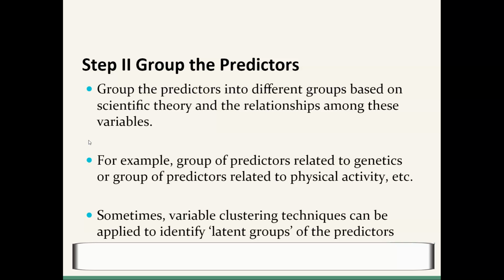Sometimes if you don't have scientific theory or literature to guide you, then a data-driven approach, like some variable clustering technique, can be applied to identify latent groups of predictors. Sometimes they work really well and the groups are very clear, but sometimes the groups are not very interpretable. But either way, you will get groups of predictors instead of working on predictors one at a time.